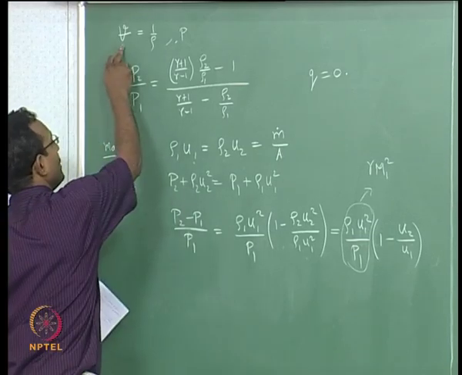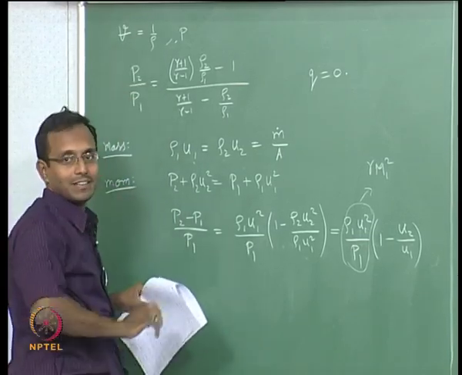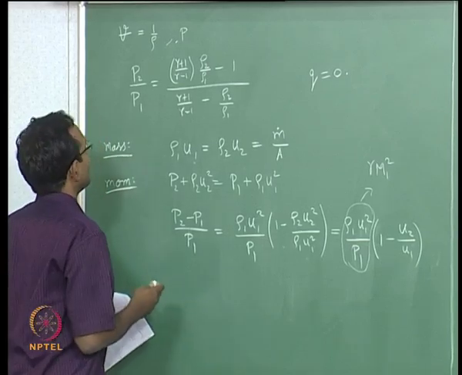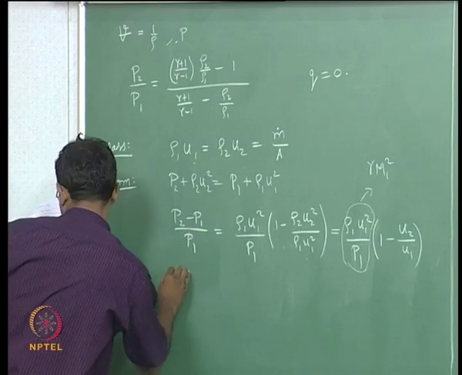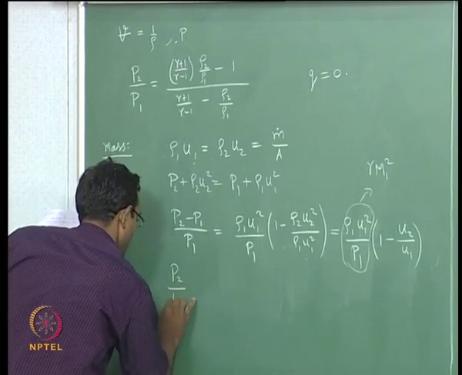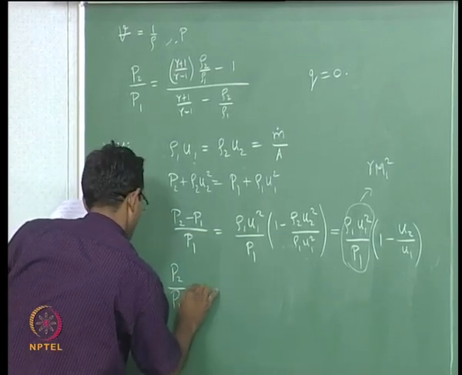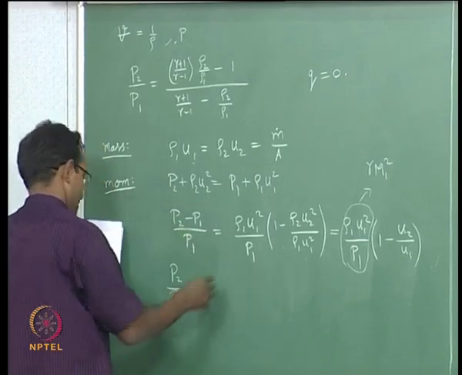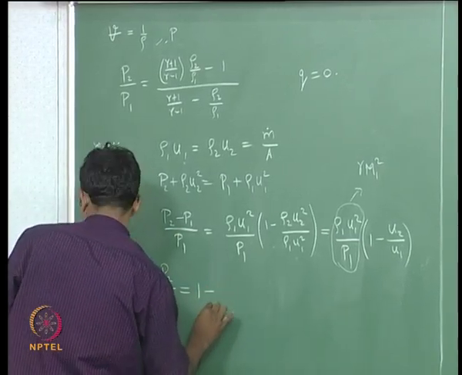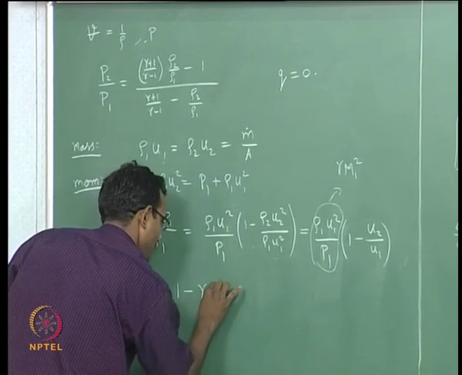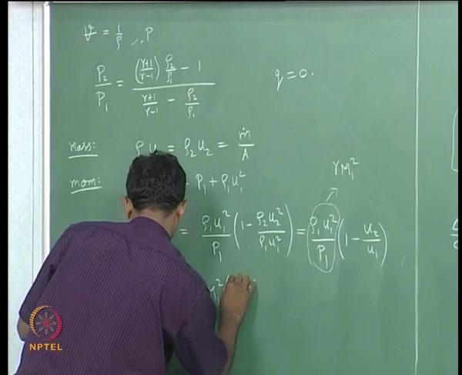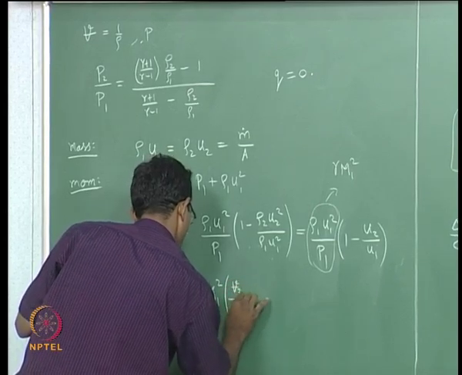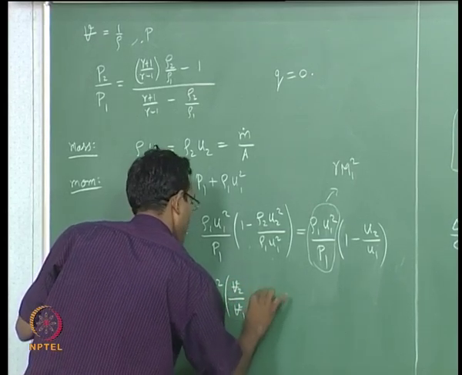But from our v equal to 1 by rho, I can rewrite this as u2 by u1 equal to v2 by v1, where v is my specific volume. So I will now write my expression as P2 by P1 equal to, I am taking this minus 1 to the other side, 1 minus gamma M1 square times v2 by v1 minus 1.